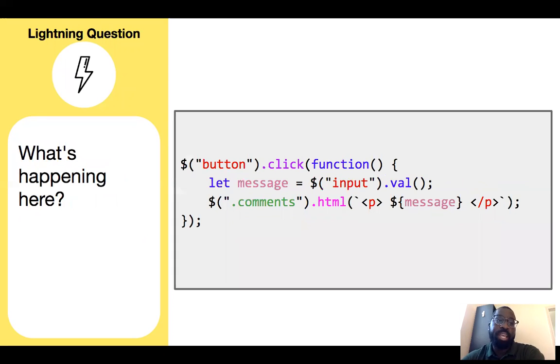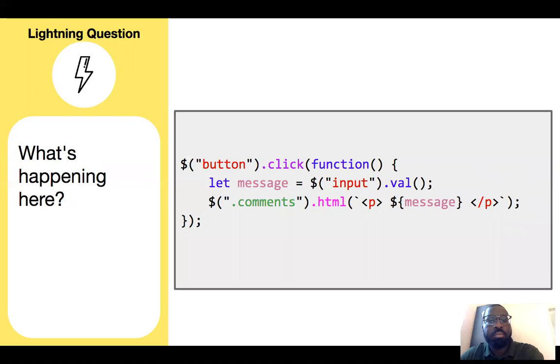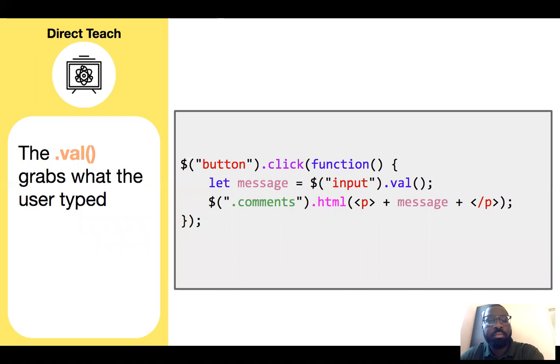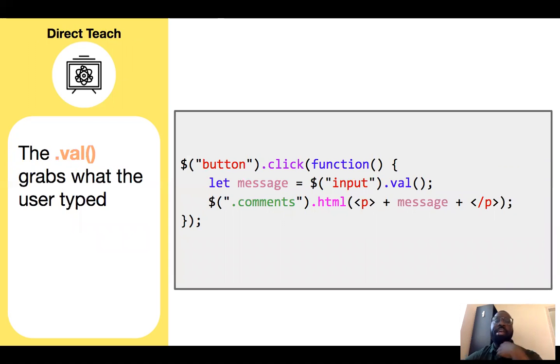All right, what's happening here? All right, so here we have an action called .val.